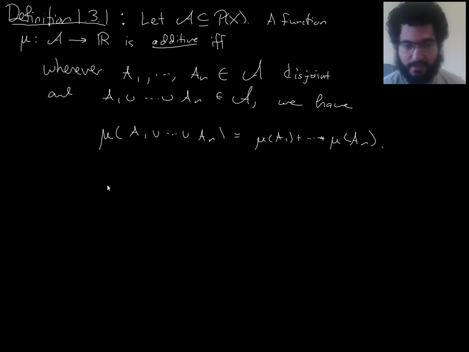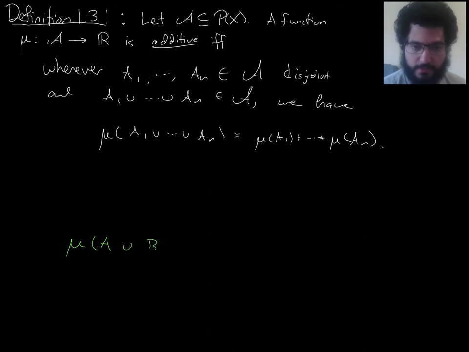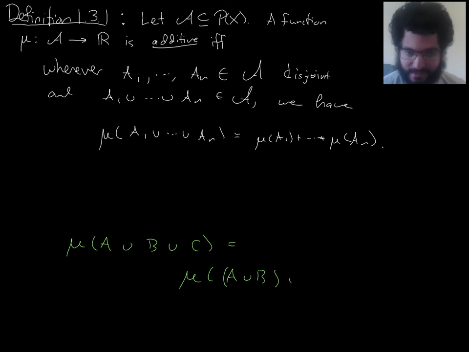Because then, if you already know how to handle unions of 2 pairwise disjoint sets, then a union of 3 pairwise disjoint sets can be written as that, right? And then you can use the additivity on the one union, and then use the additivity on the other one.